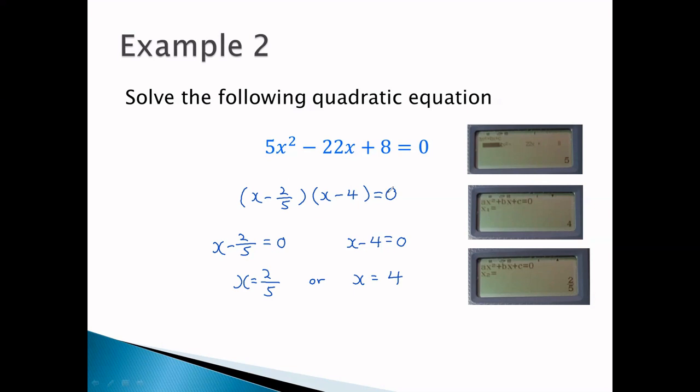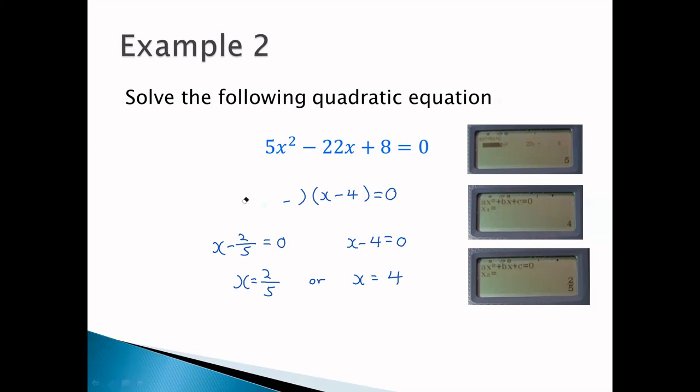And as a teacher, I'll know that you're still using the calculator, and I won't give you the mark. Because if you refer back to my quadratic factorization video, you will know that there's no such thing as getting a fraction when you're doing factorization. So this is not the right way to do things.